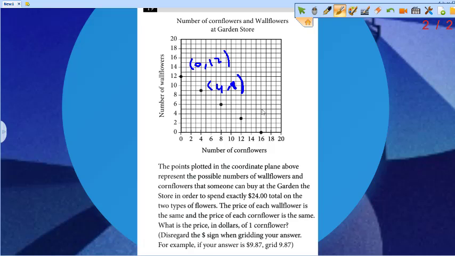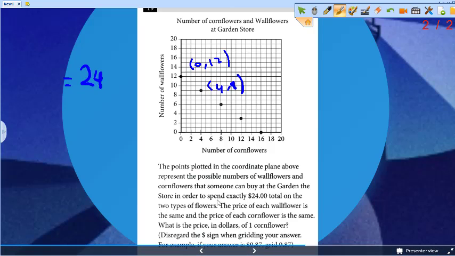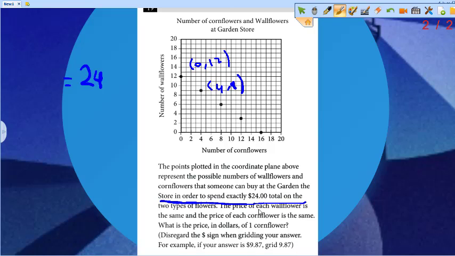You're going to spend all $24 on the two types of flowers. The price of each wallflower is the same, and the price of each cornflower is the same. What is the price of one cornflower?